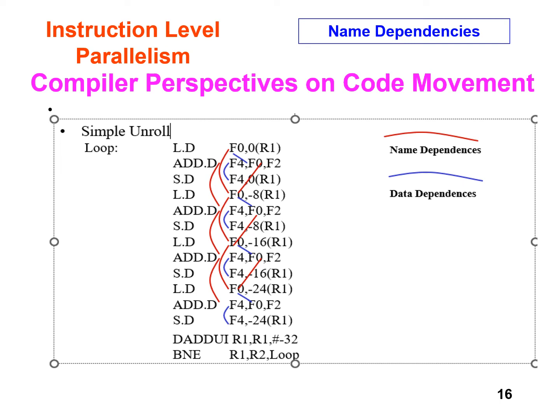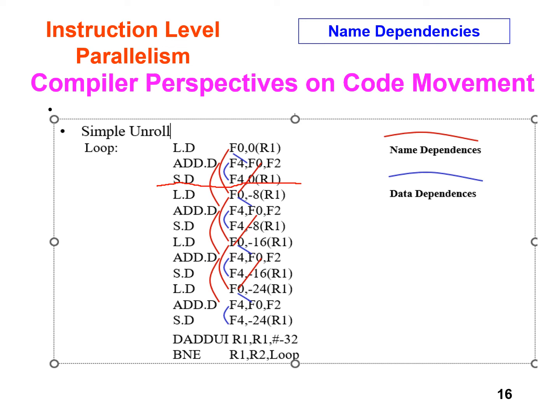For example, load, add, store is one set of instructions. This F0 is used here. Instruction I writes the result and instruction J reads the same value. So this is called a data dependency.